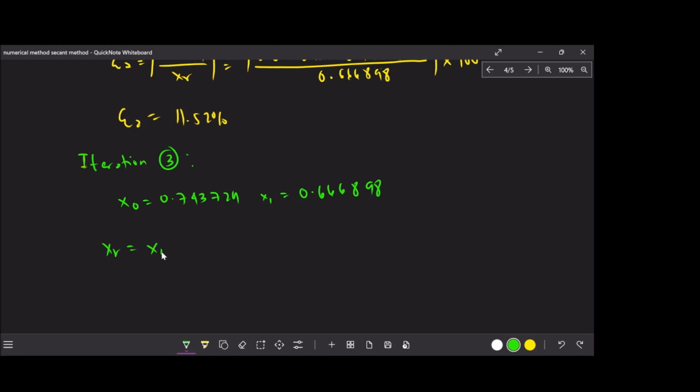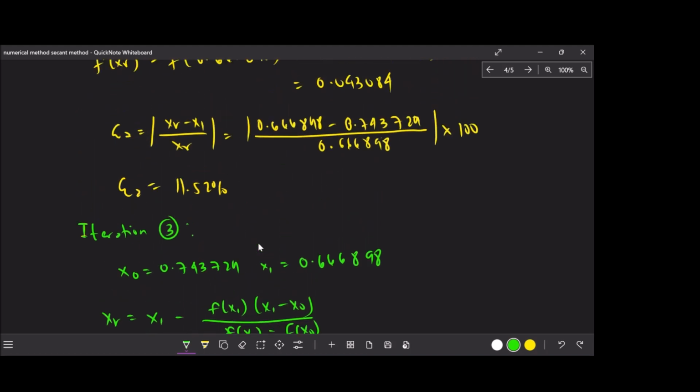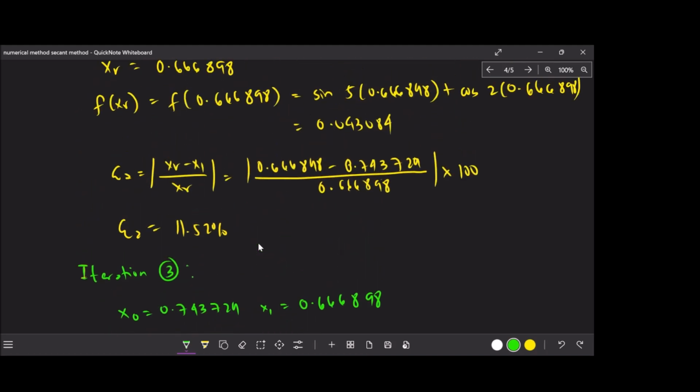So xr is equal to x1 minus f of x1 times (x1 minus x0) over (f of x1 minus f of x0). So we have 0.6666898 minus f of x1. We have solved that one earlier. That is f of xr. Okay.